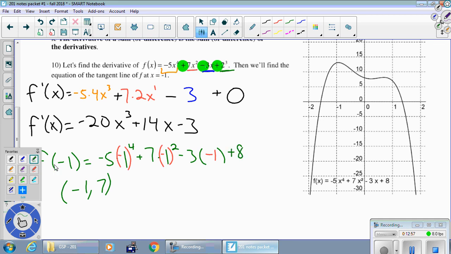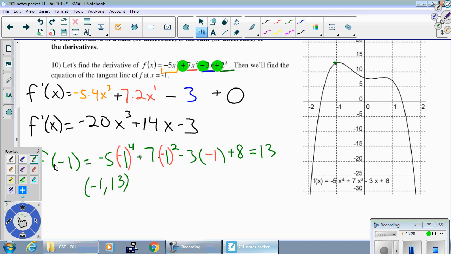Okay, so that's still negative 5, plus a 7, that's 2, and then plus a 3 is 5, plus another 3, I think it's 13. I'm going with that. And that seems reasonable looking at this picture right here. So that means the coordinates of our point are negative 1, comma 13.